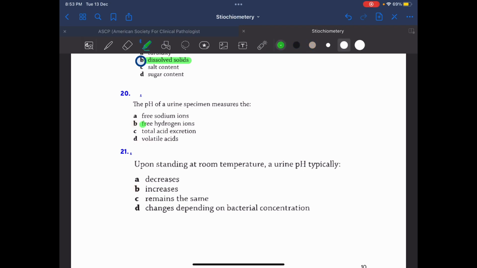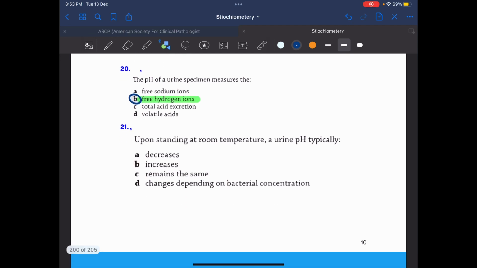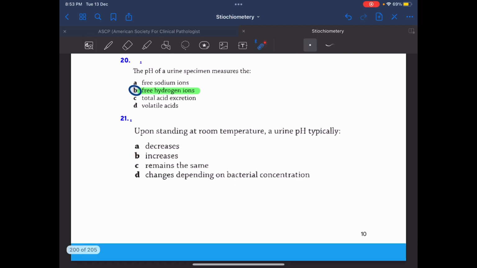The correct answer is free hydrogen ions. Question number 21. Upon standing at room temperature, a urine pH typically decreases, increases, remains the same, or changes depending on the bacterial concentration. The correct answer is increase. It is B.